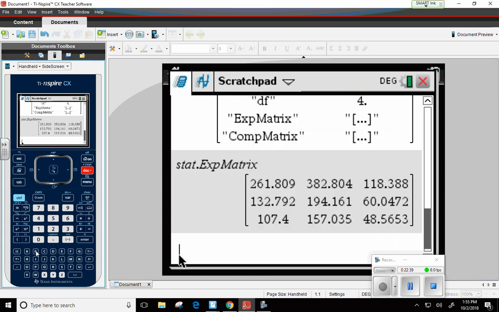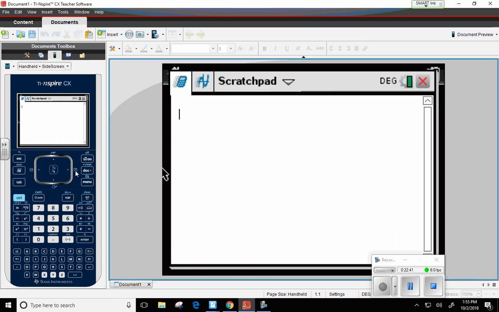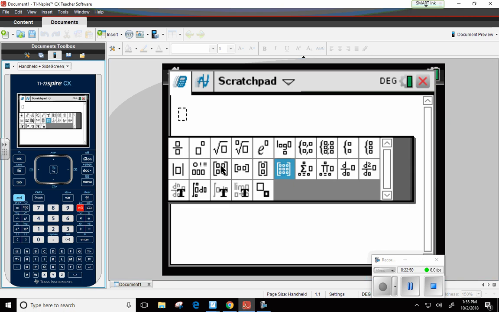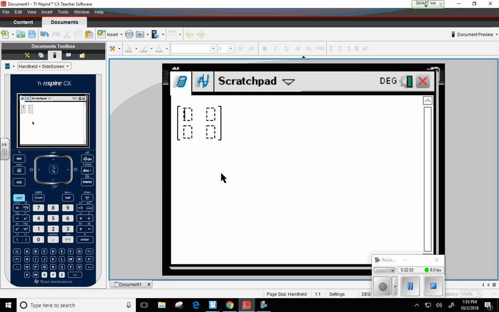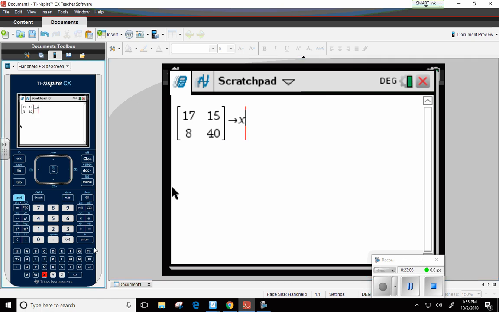Also, we'll get the opportunity to see how the calculator differs from what we're going to get. So we need a 2x2, where our values are 17, 15, and then 8 and 40. Let's save that as X.